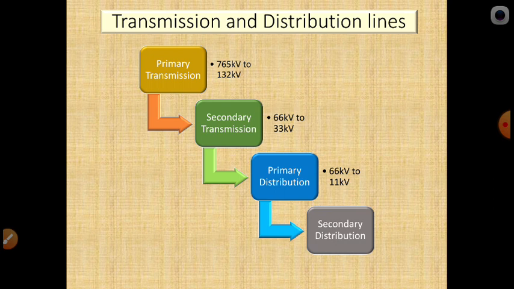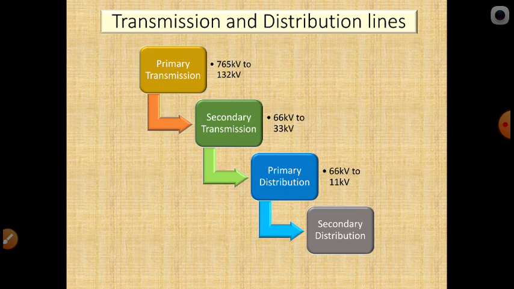That means the transmission is mainly primary transmission and secondary transmission. In primary transmission, the voltage range may be 132 kV to 765 kV; we can call these the primary transmission lines. This is mainly from the generating station, from the power grid, to nearby city centers.